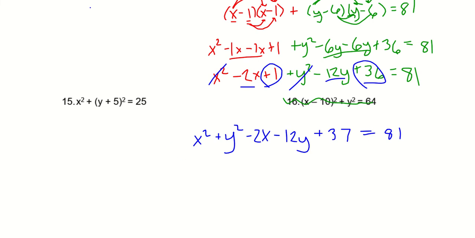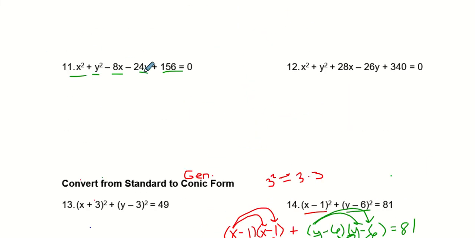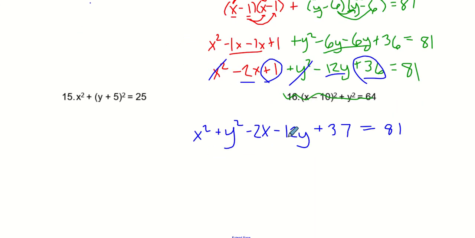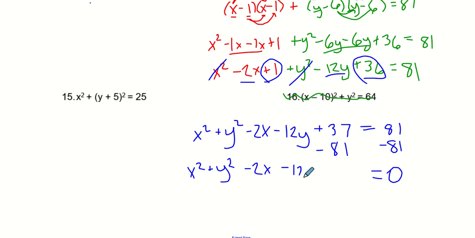Because if you look up here, notice they're all equal to 0. So all I have to do to make that happen is subtract 81 from both sides, because I want 0 over here. So then my final answer would be, and hopefully I didn't make any mistakes, x squared plus y squared minus 2x minus 12y.